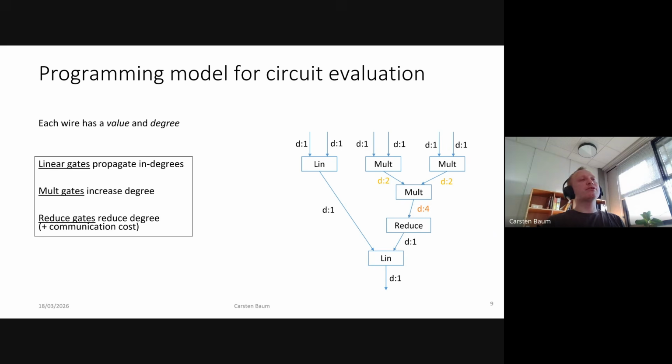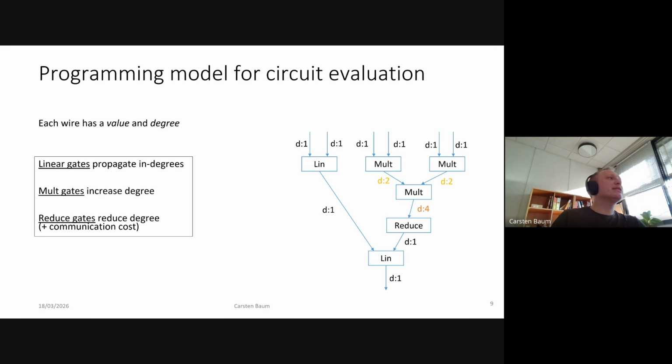For example, if you do a multiplication, instead of getting a commitment of degree 1 out, you get a commitment of degree 2 out, so a degree 2 equation, and so on and so forth. That makes the degree grow throughout your circuit. And at some point, you can use what I would call a reduce gate that allows you to get the degree down to 1 again.